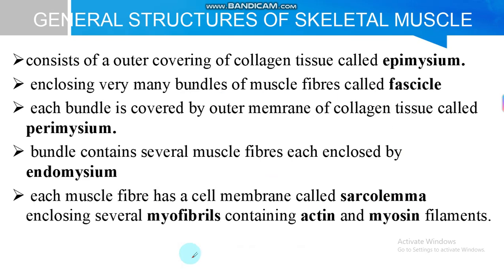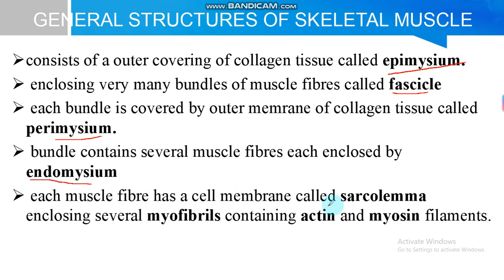Now, this is just what we have been talking about. So it consists of the outer covering, epimysium. Each of the bundles is called a fascicle. Each fascicle is surrounded by perimysium. Inside the bundle, there are many fibers. Each fiber is surrounded by an outer covering called the endomysium.